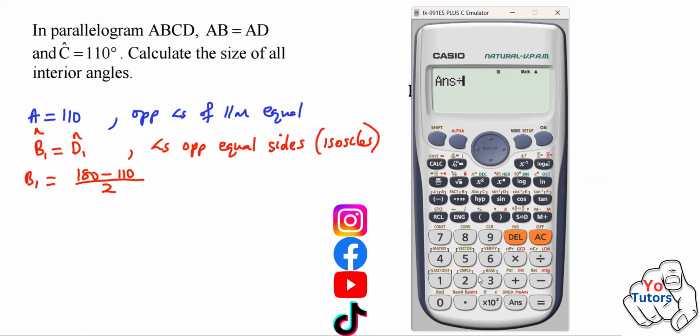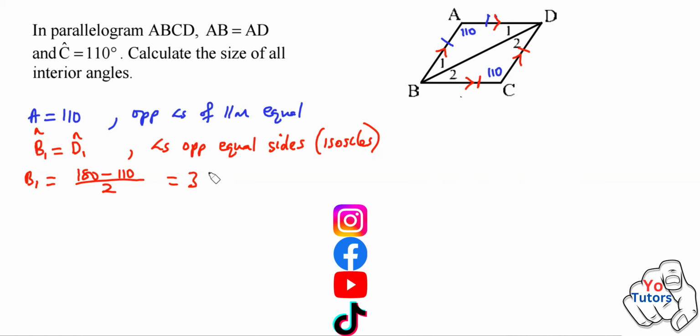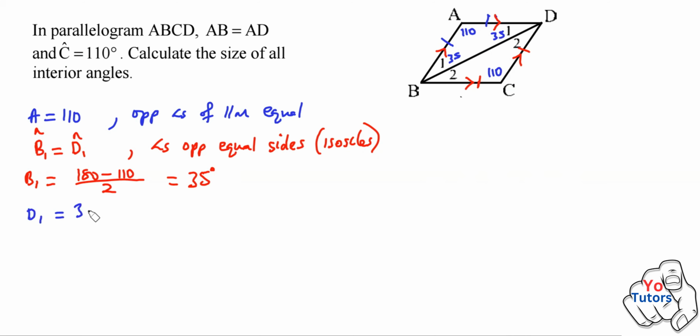Okay, we divide that by 2. We get 35. So here is 35. So what we now see is that we now have 35. But now when I have that 35, it means that B1 is equal to 35 and also D1 is equal to 35.